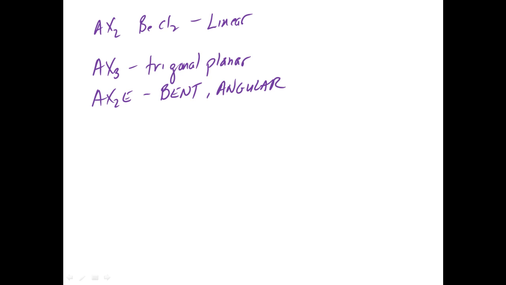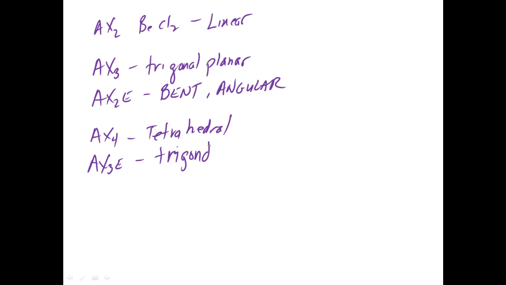And that was it for that category. Then we went to AX4. We had AX4, which is tetrahedral. We have AX3E, which was called trigonal pyramidal.